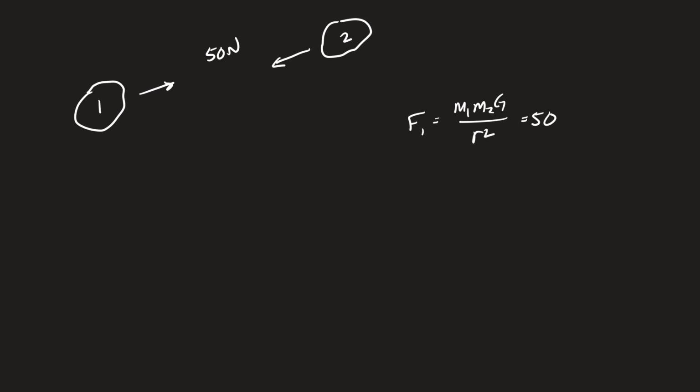I'm going to put in my modification to the variables. M1 wasn't modified, M2 wasn't modified, R was doubled. I'm going to pull my modifications apart from the base function.